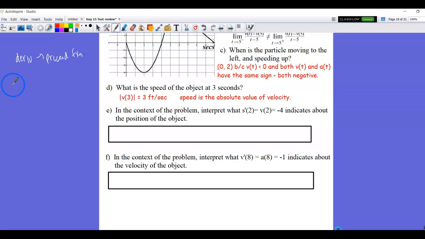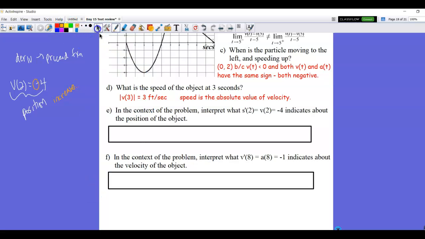So since V of 2 is equal to negative 4, this is going to be a descriptor of the preceding function. This is going to tell me about position. The next thing I'm going to consider is that the velocity is negative, so the position decreases.